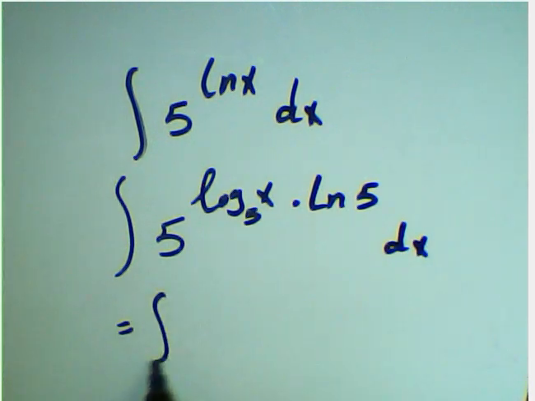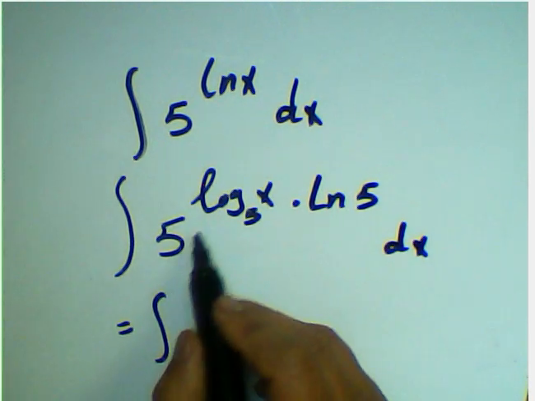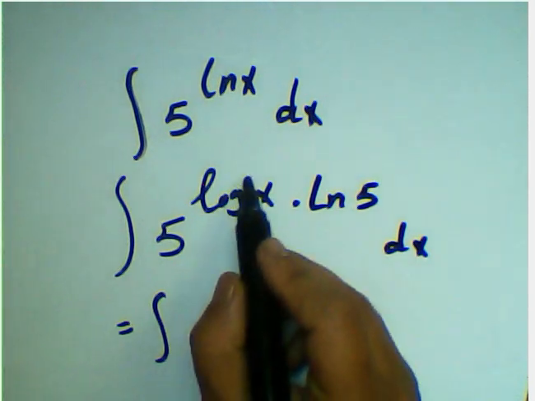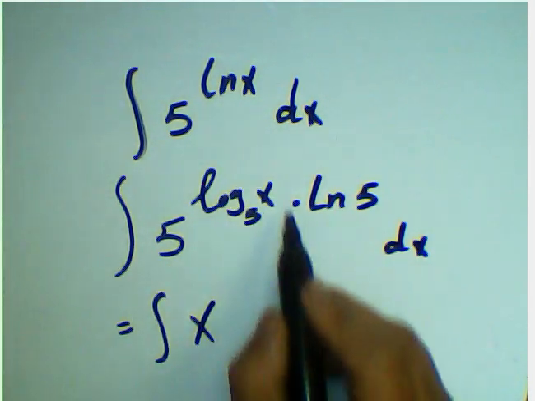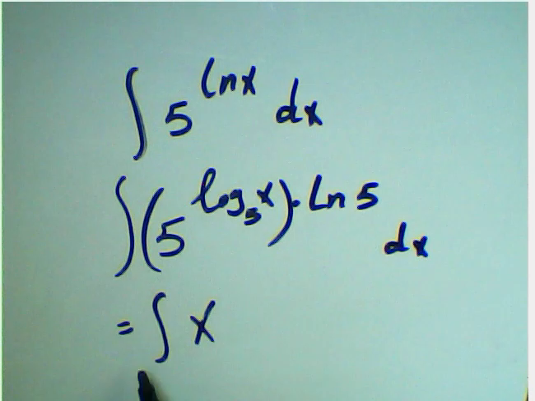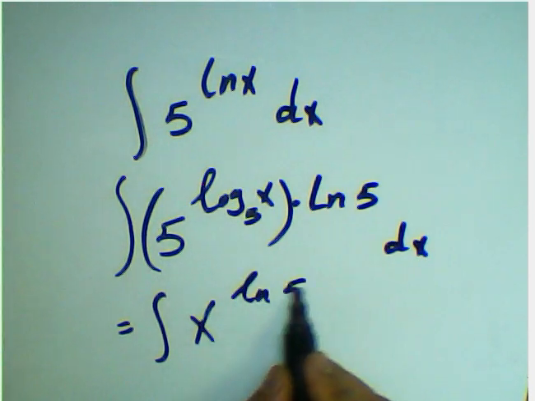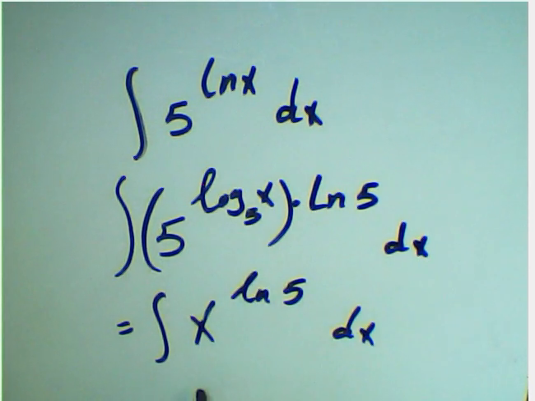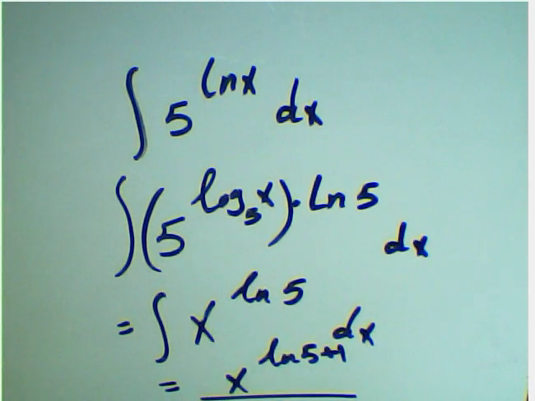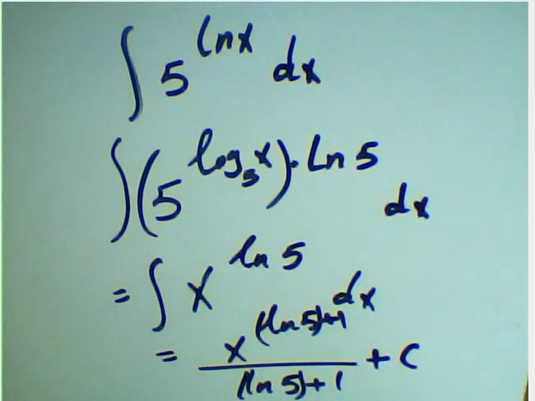And then we can write the integration of 5 power log x to the base 5, which will be x, with the power ln 5 dx. We add 1 to the power: x power ln 5 plus 1 over ln 5 plus 1, plus constant is the result. Understood? We must add 1 to the power because it's a number, add 1 to the power and divide by the new power.